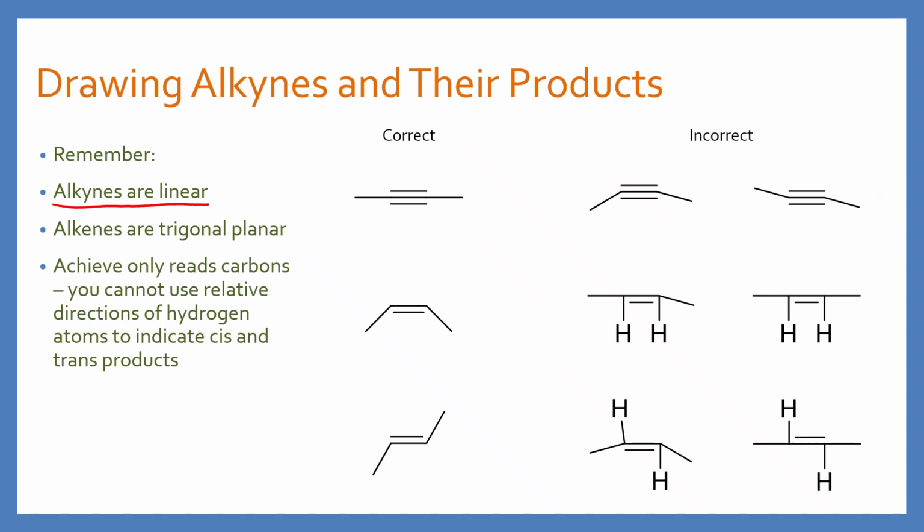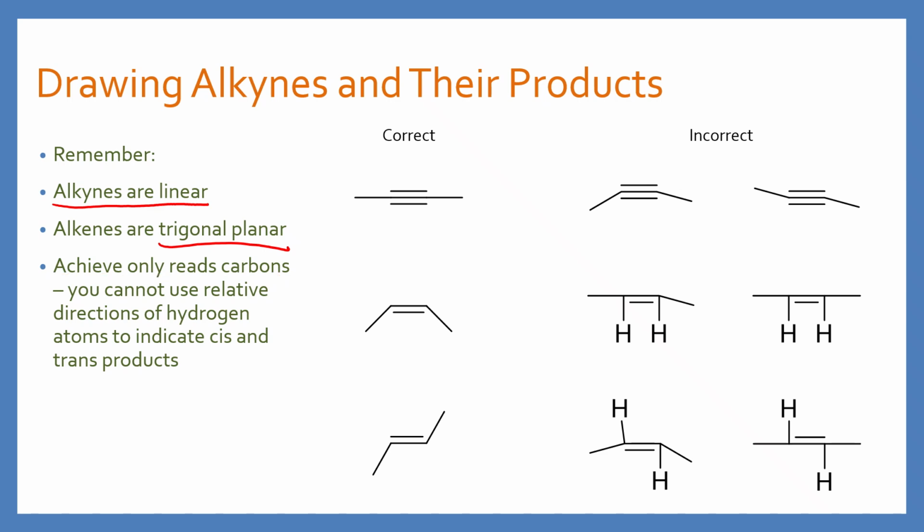And then alkenes are trigonal planar. So when you start drawing things like this, not only are you kind of wrong, but Achieve stops being able to read this correctly. Achieve only reads the carbon atoms when it's grading your work.